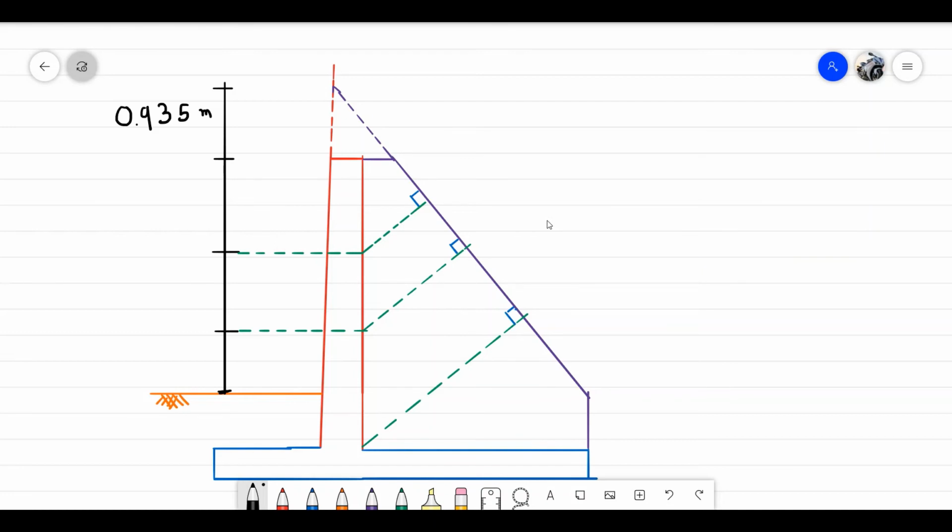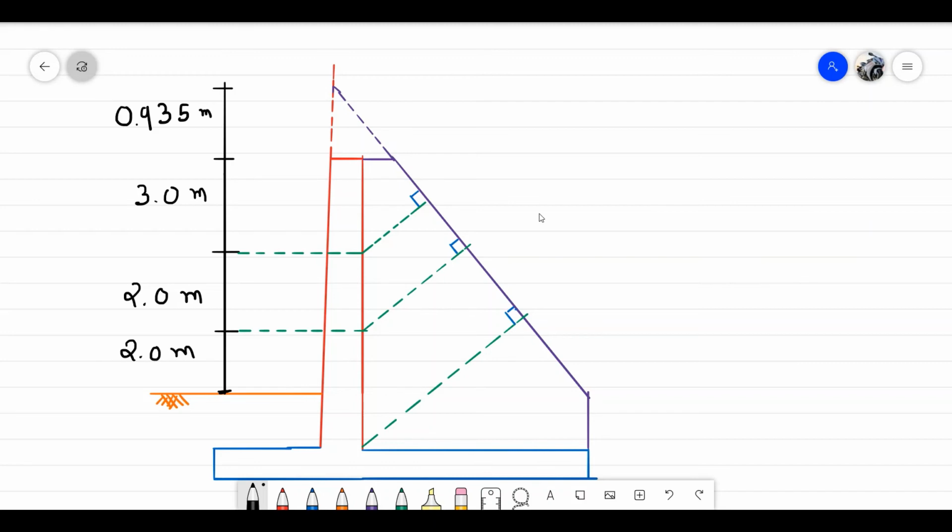So we have to find the depth at a 90 angle. What we do? We divide the counterfort into some parts. First is 0.935. Second part is 3 meter. Third part is 2 meter. And the last one is also 2 meter. So it's almost a 7 meter height.